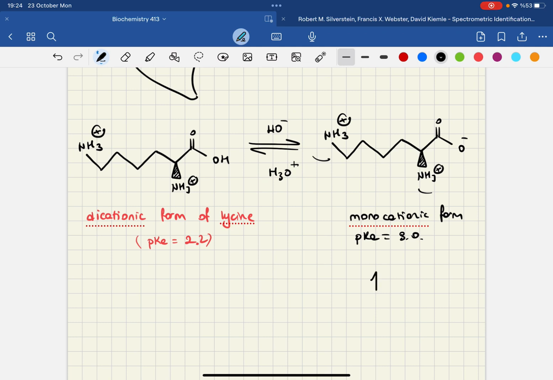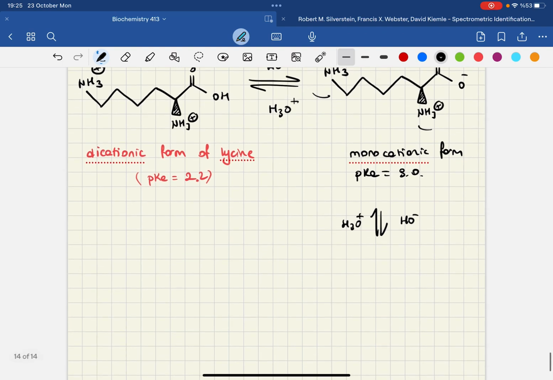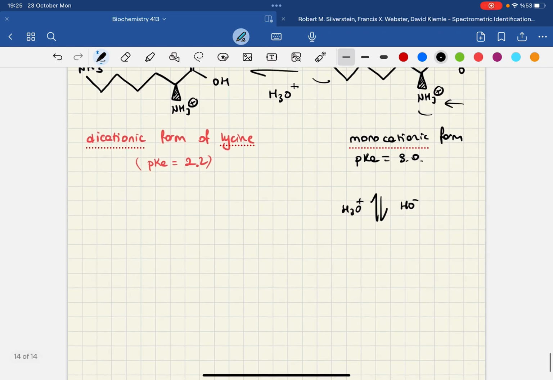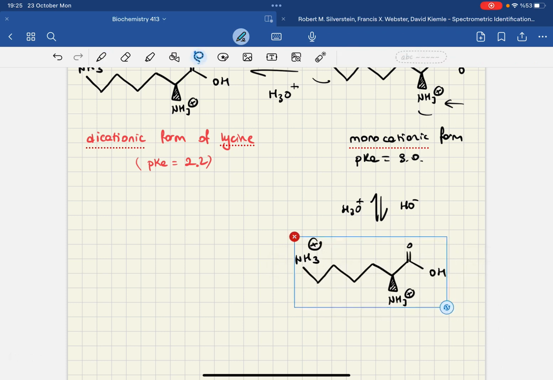All right, and then going a little bit further away, we will note that the amine of this part will be deprotonated, and we will have such a compound.